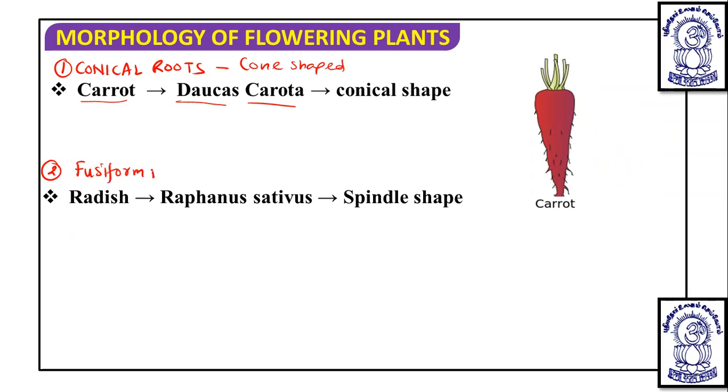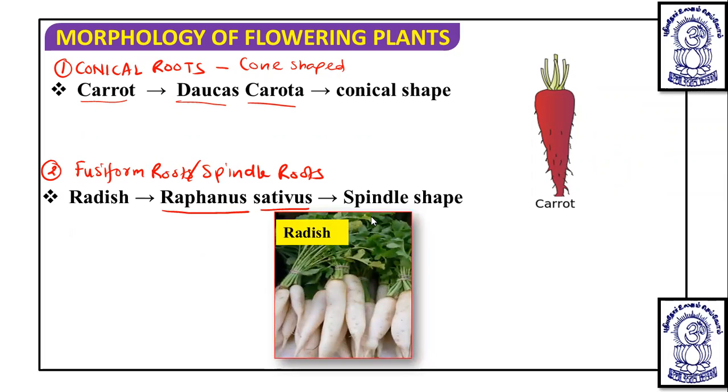Fusiform roots or spindle roots. In radish, the scientific name is Raphanus sativus. They have a spindle shape like this. You can see that it is bulging from the middle. It is tapering at this end and somewhat narrow at this particular end, so it is named spindle shape. So spindle-shaped stored taproots are found in the case of radish.